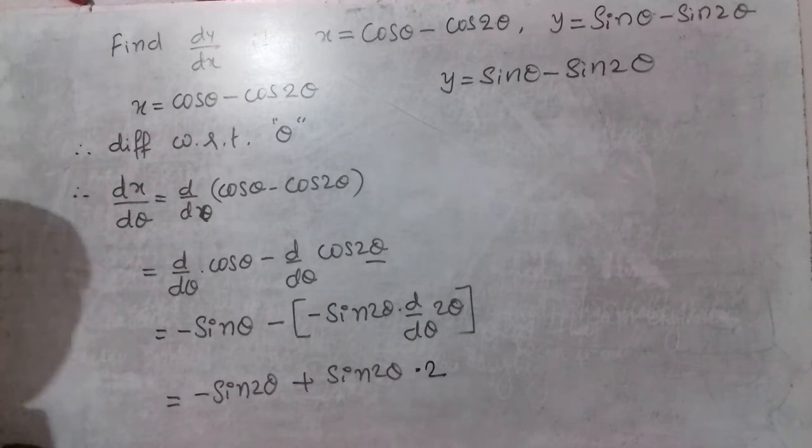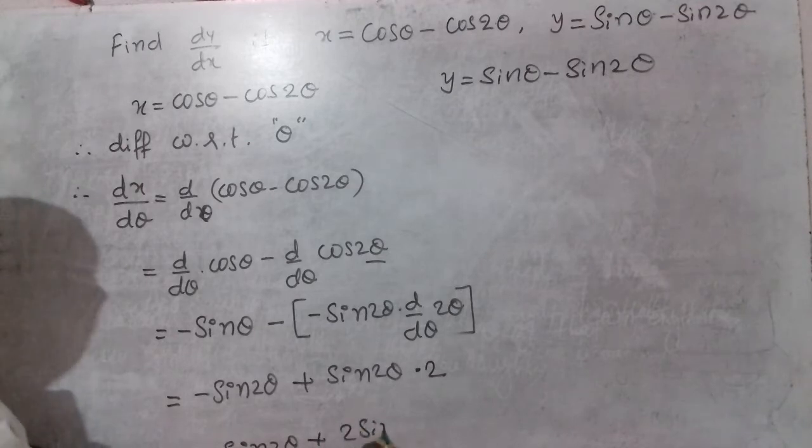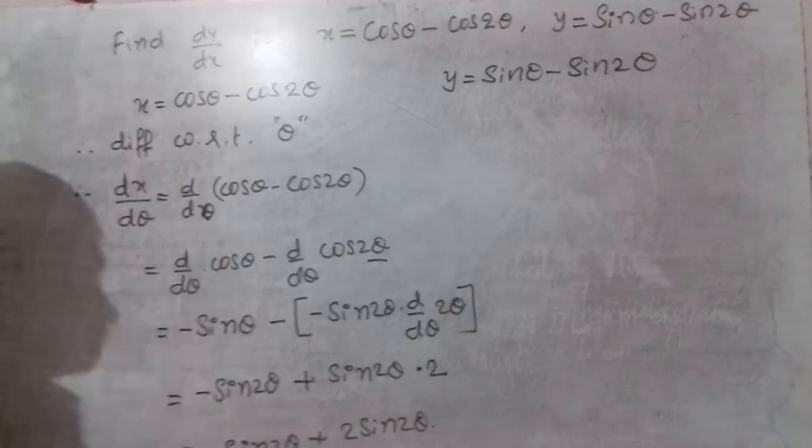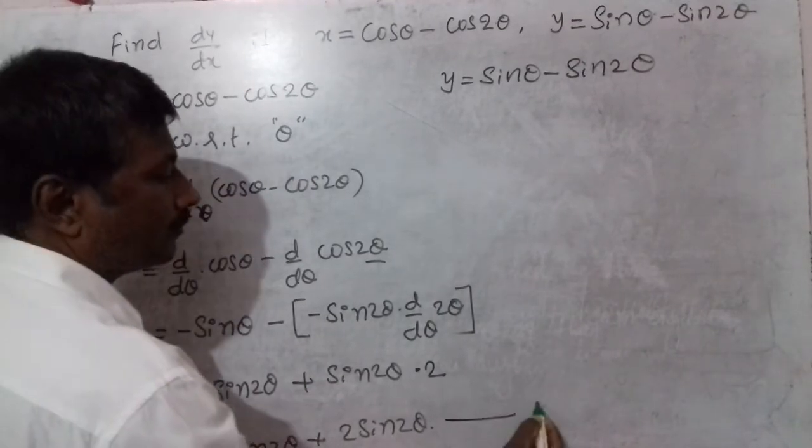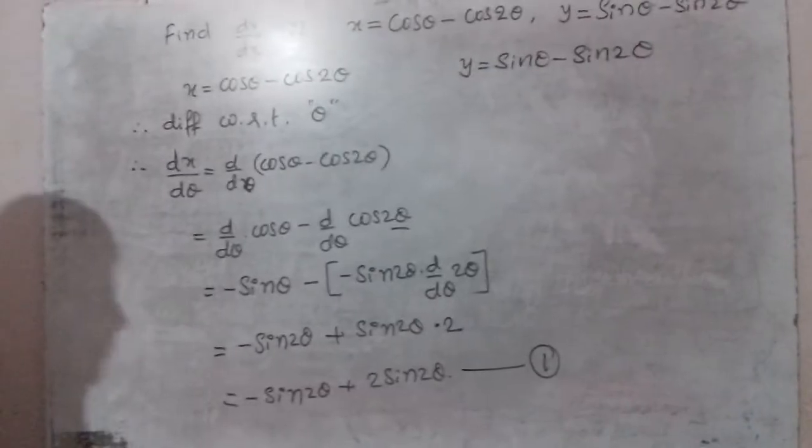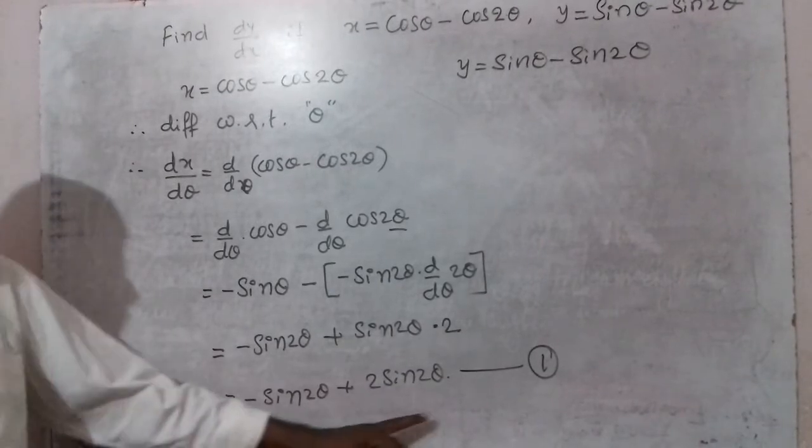So this equals minus sin theta plus 2 sin 2 theta. Call this equation 1.